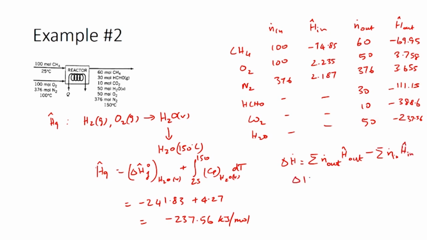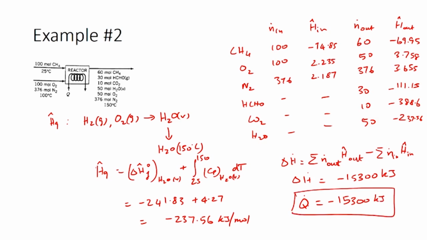This value delta H dot is equal to minus 15,300 kilojoules, and Q dot, which is the heat supplied or removed, is also equal to delta H dot, so finally the value is 15,300 kilojoules. This gives us the heat which needs to be supplied or removed from the system.